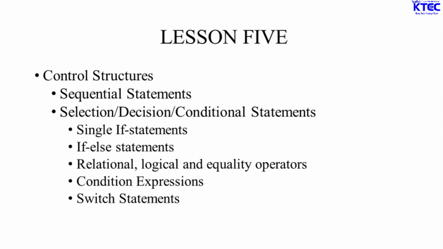In lesson 5, we're going to look at control structures, where we have sequential statements, selection, decision, conditional statements, in which we have single if statements, if-else statements, relational, logical, and equality operators. And also we have condition expressions, and finally switch statements. And that will wrap up lesson 5.